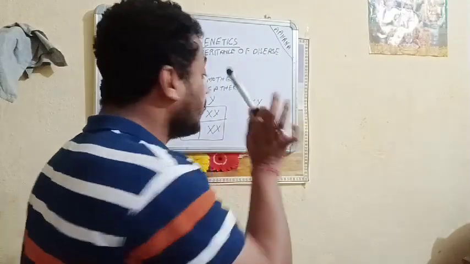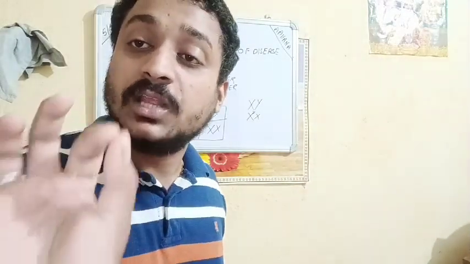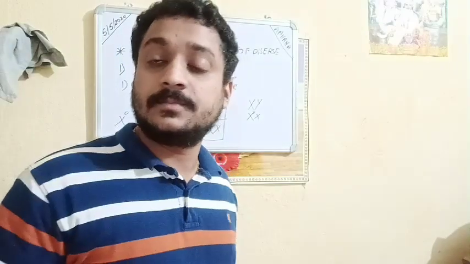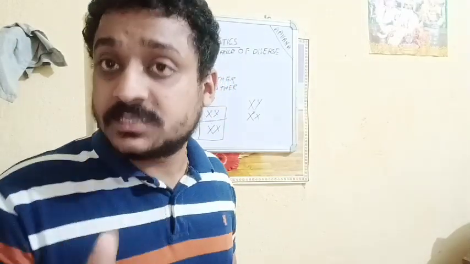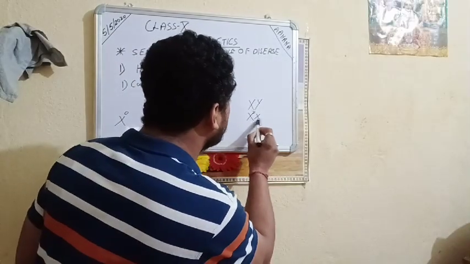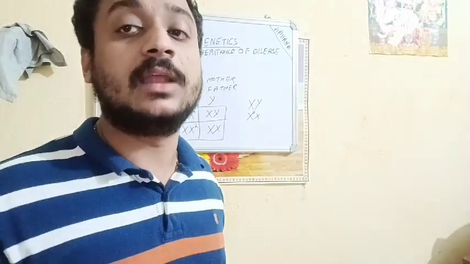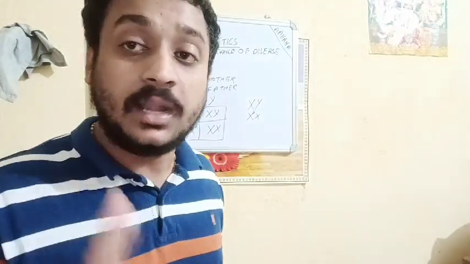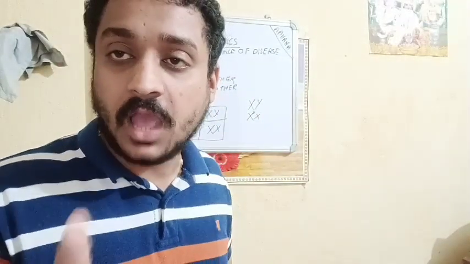But the carrier for human female is there because they have 2 X chromosomes. If one is altered, the other one is tackling it. For a human female to express the disease, she must have both the X chromosomes altered. Then only the human female will get the sickness. But for a male to get the sickness, if only one X chromosome is altered, the male will get the sickness. I hope it's clear.